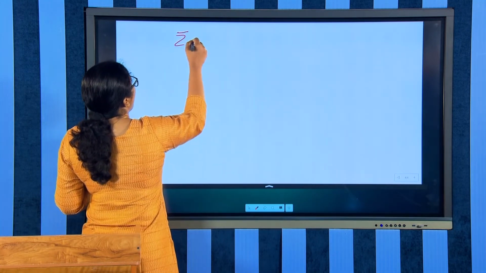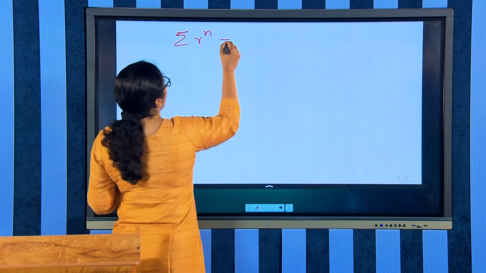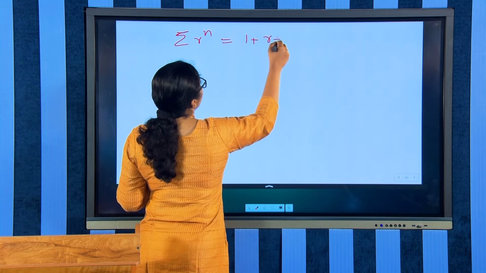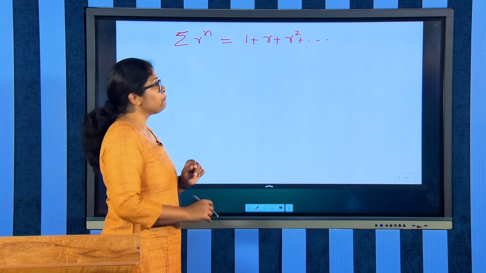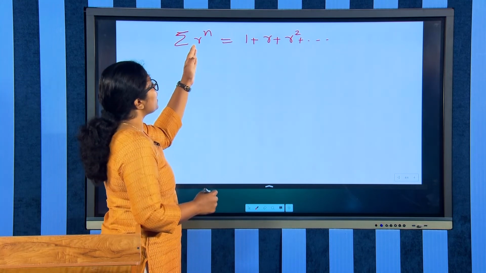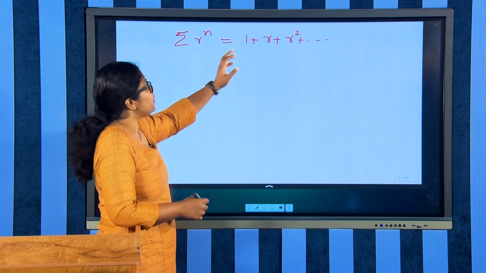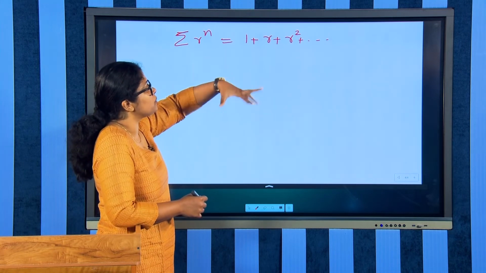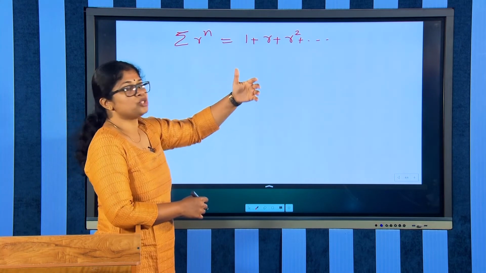So summation r power n is nothing but 1 plus r plus r square plus etc. up to infinity. Even if you start with n equal to 0 or n equal to 1, that does not matter, because if we add one drop to an infinite ocean, an infinite number of drops of water, it is not going to change.